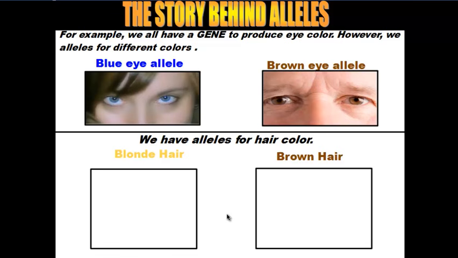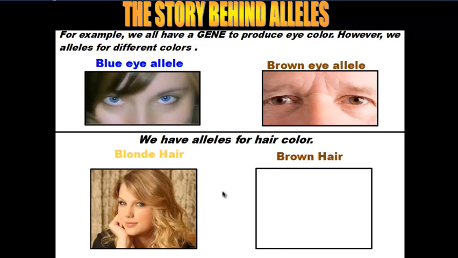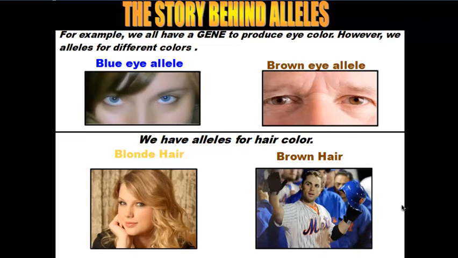For example, there's an allele or a gene to make blonde hair, like Taylor Swift has. Or there's a gene to make brown hair, like third baseman for the New York Mets, David Wright has. So again, alleles are just these different versions to make these particular traits. We all have the ability to make these traits, but we just have different colors and different versions of them.